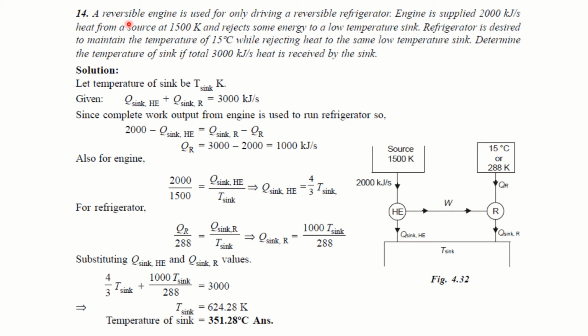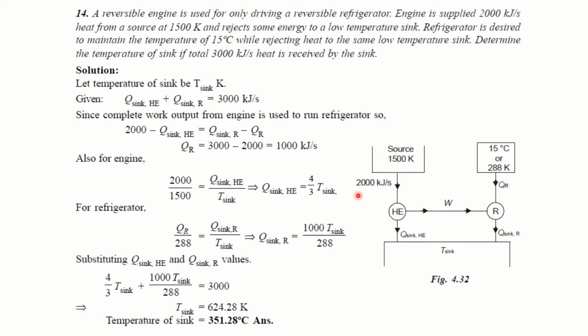Again, a reversible engine is used for only driving a reversible refrigerator. You see here, engine is driving a refrigerator. Engine is supplied with 2000 kilojoule per second, 2000 kilowatt heat from a source at 1500 Kelvin and rejects some energy to a low temperature sink.